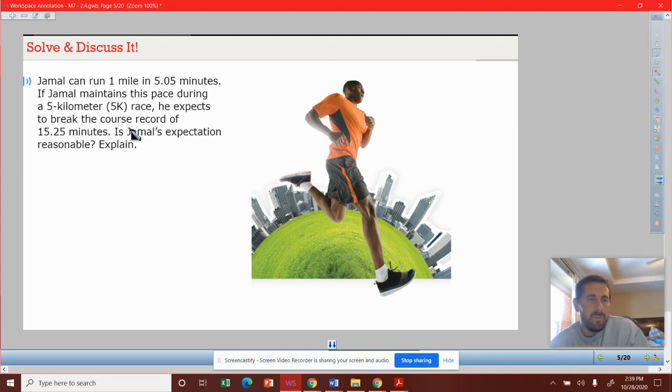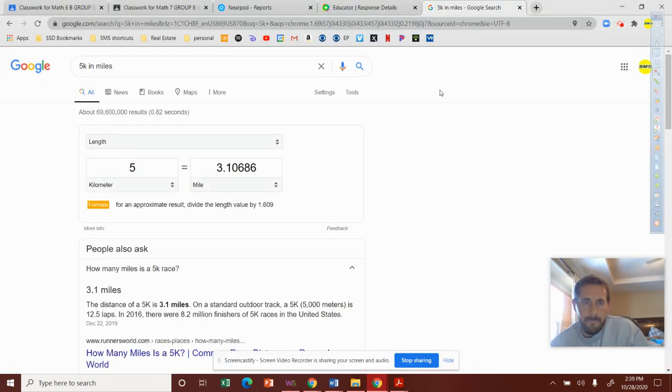We don't, but what we can do, and I did a little research, find out that 5 kilometers is 3.1068 miles. So I'm just going to call this 3.11. Or to keep it simple, we could call it 3.1 and not carry the extra one.